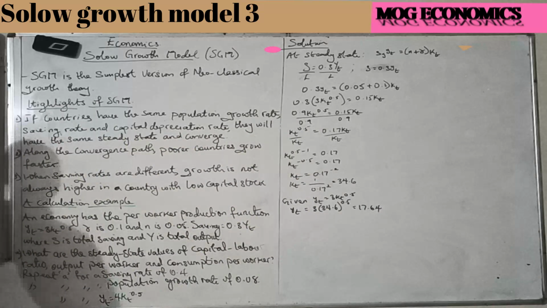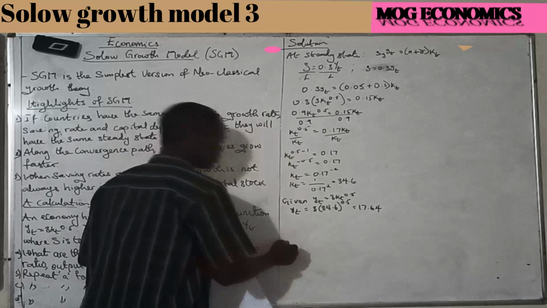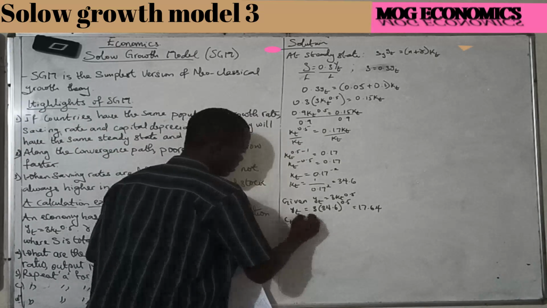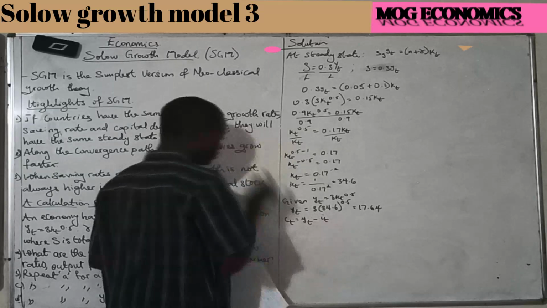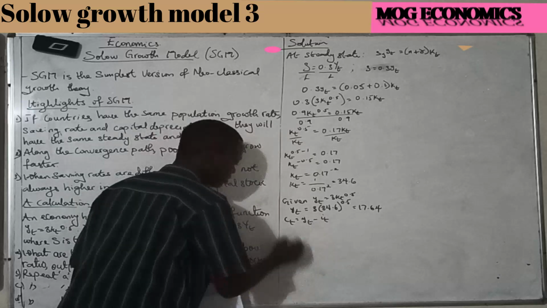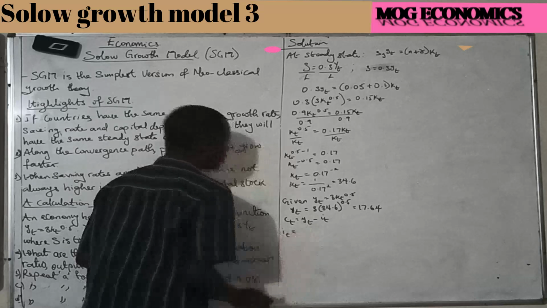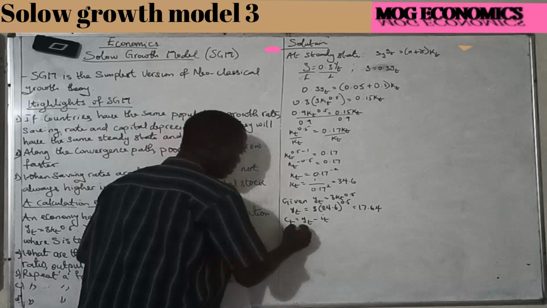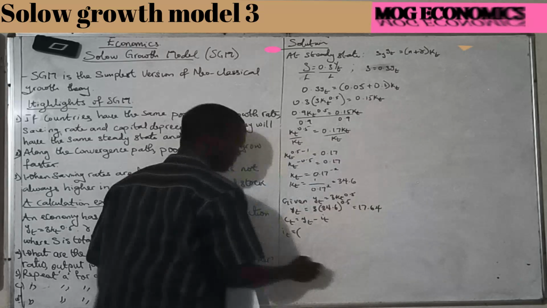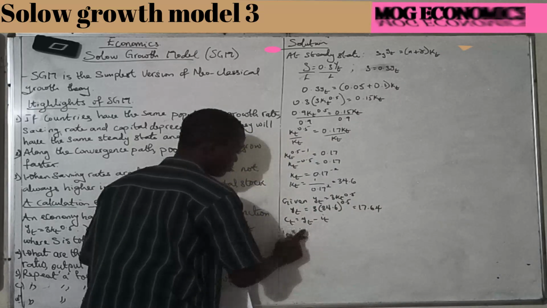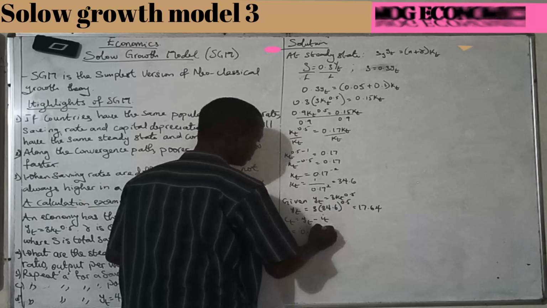Now the next is consumption per worker. Consumption per worker CT is equal to YT minus investment. So we need to know investment. IT equals 0.15 KT, into brackets, KT is 34.6.